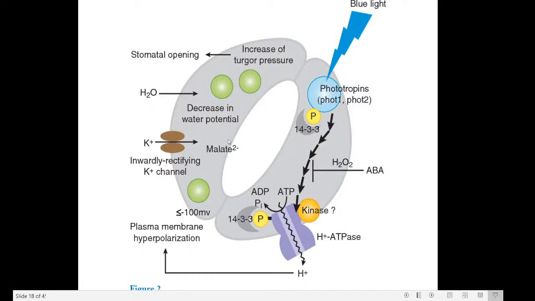Blue light is received by phototropin 1 and 2, which makes the phosphorylation process. This phosphorylation activates the kinase. This kinase helps release the H plus ions. During this open state, turgor pressure increases and water potential decreases, and it recycles K plus channels. The total potential of the stoma is minus 100 millivolt.